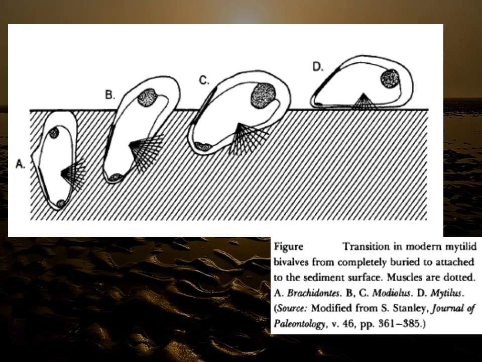Now you can see the same epifaunal bivalve byssally attached to the bottom substrate. It has two muscle scars. One is here, the larger one, the posterior one, and the smaller one is the anterior one. These are the byssal threads by which it can attach epifaunally to the substrate.